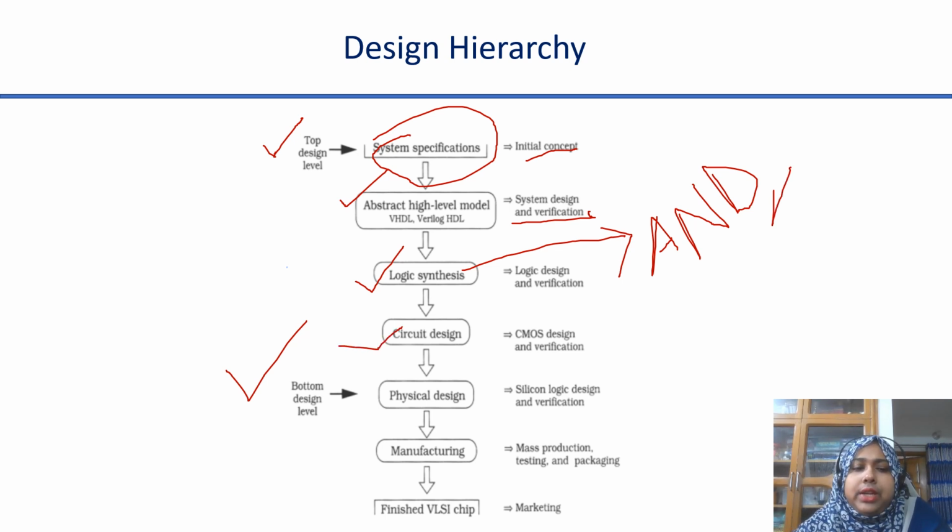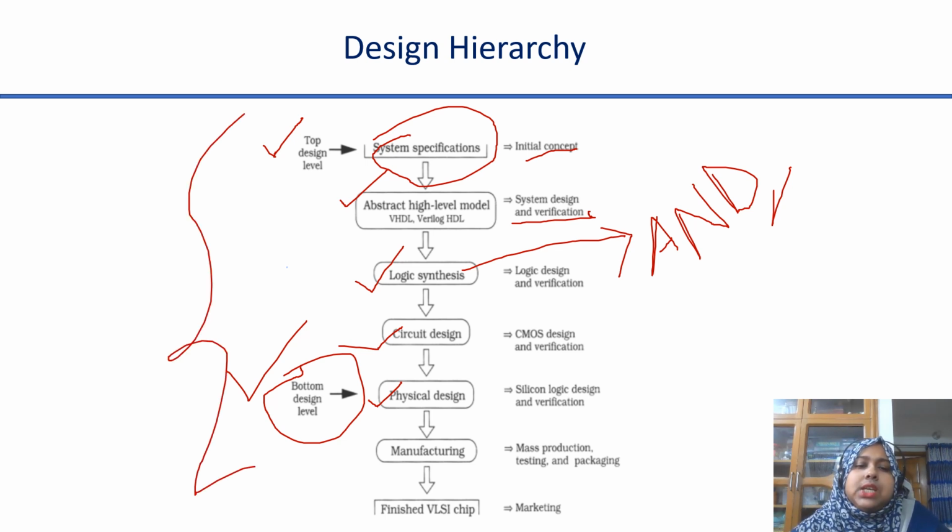When you have designed the logic perfectly, you move to the circuit design, and then the physical design. This is called the bottom design level. In this step, the chip is finally produced for going to the market. Then the manufacturing process, and after performing all these steps, you get a finished VLSI chip.